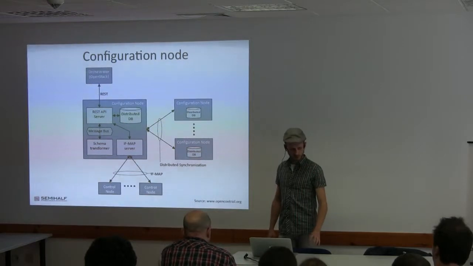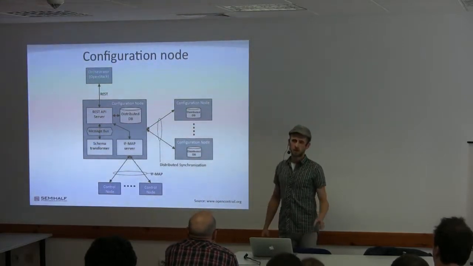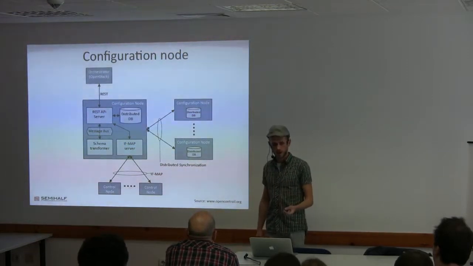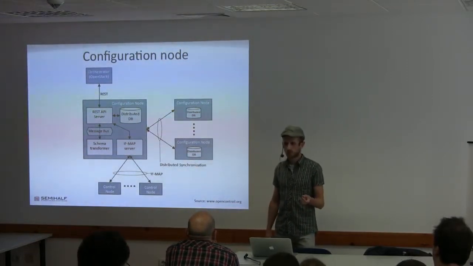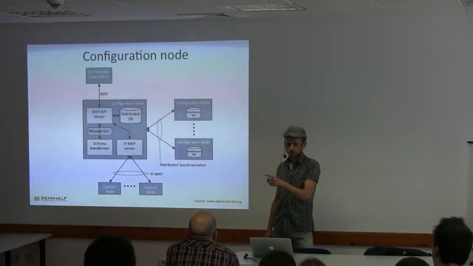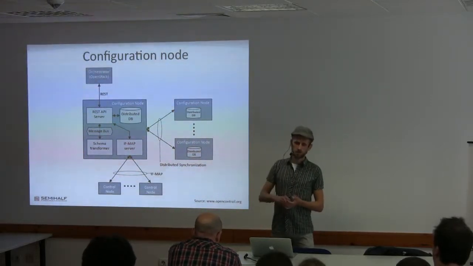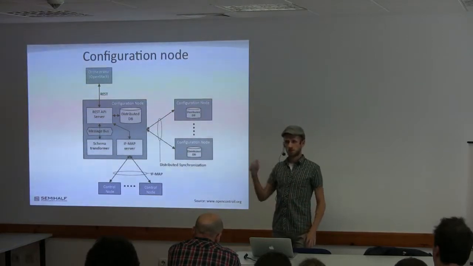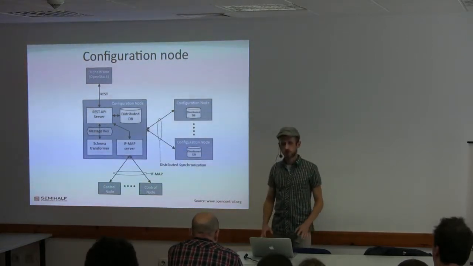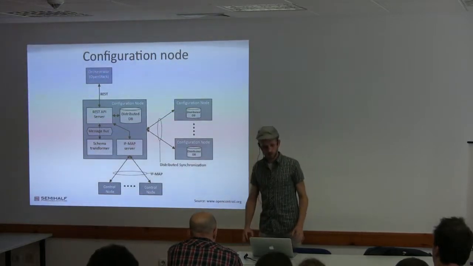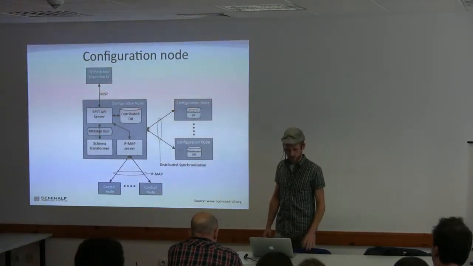So you just want VM1 and VM2 in the virtual network A. You want to allow virtual network A connectivity to virtual network B, for instance. You allow virtual machine 3 to connect to the outside world or something like this. You use very high-level description primitives to describe the state of the system.